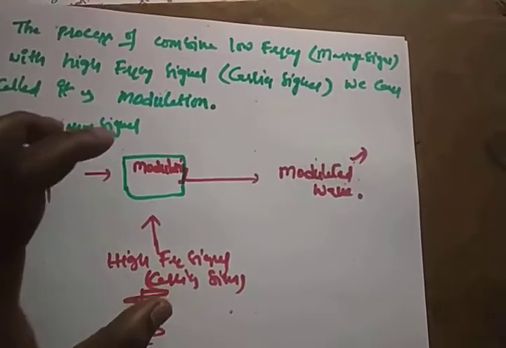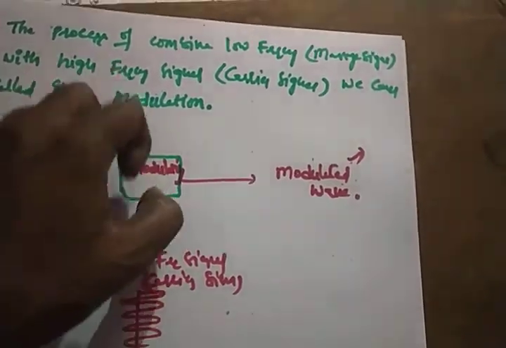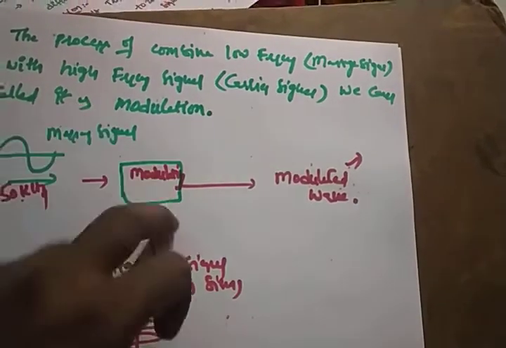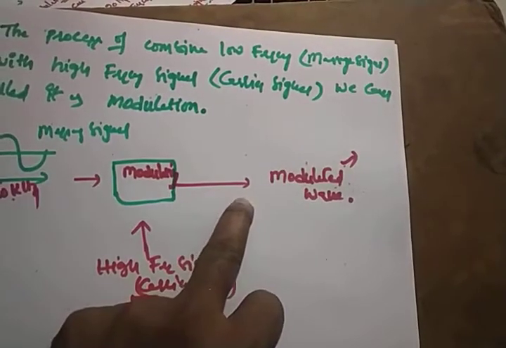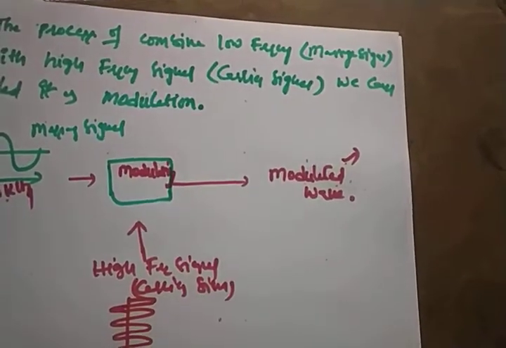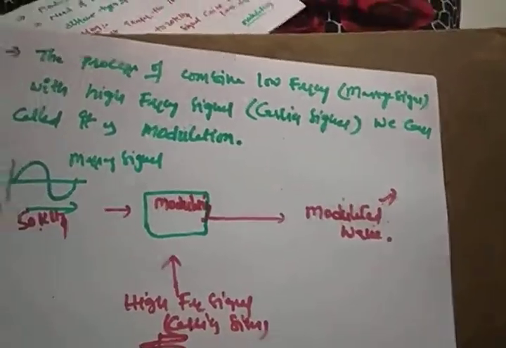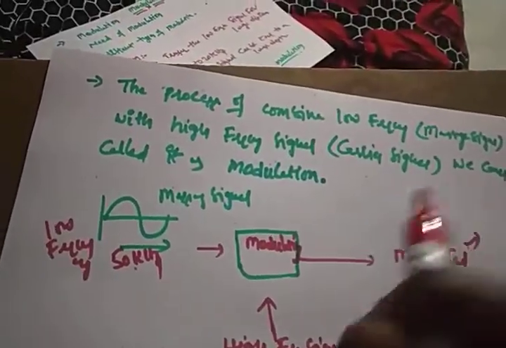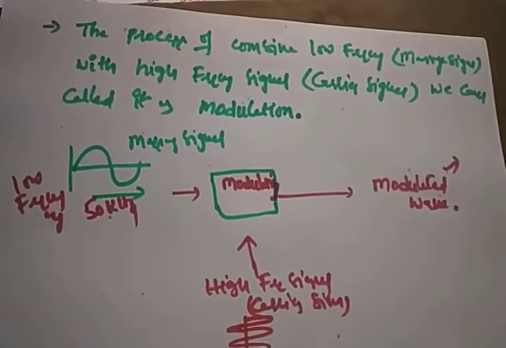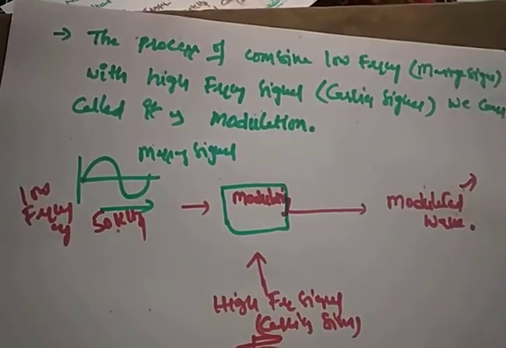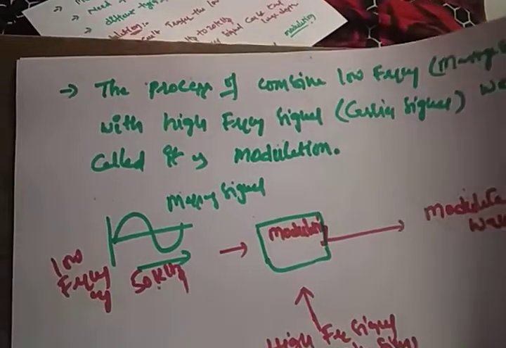The process of combining this low frequency signal with a high frequency signal we call modulation. The resultant signal is called a modulated signal. I hope it's clear what is a message signal, what is a carrier signal, what is a modulated signal. Now this is the definition of modulation.